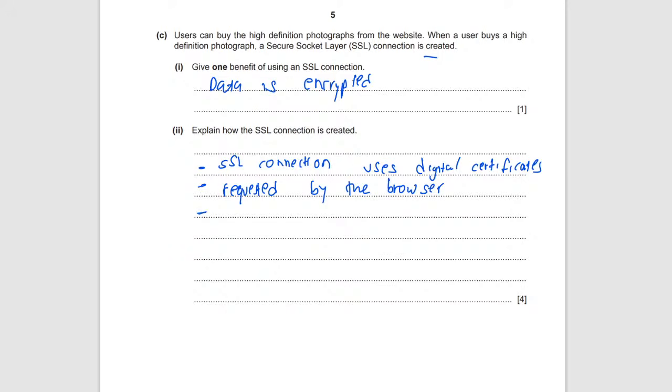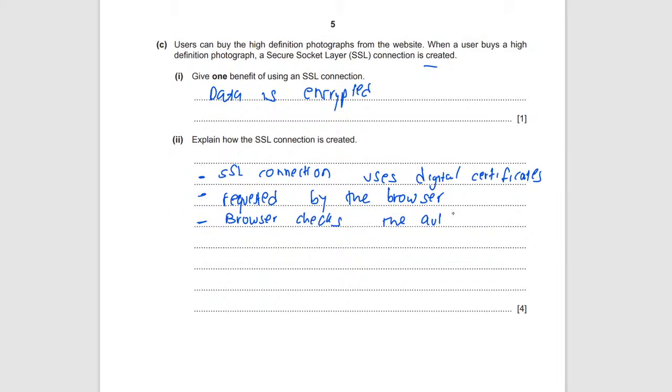Then you can say that it's actually a big long process. You can just say the browser checks the authenticity. This is what I was saying previously, and it is actually what the marking scheme says also. The same exact words, authenticity.